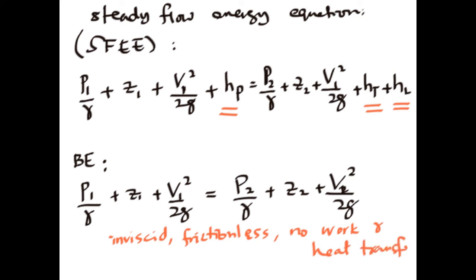The Bernoulli equation is the statement of the conservation of energy for frictionless inviscid fluid or flow, with no work and heat transfer because it doesn't involve any turbomachine. But in SFEE, you either have a pump or a turbine, and you will have losses in the piping system. So that's the difference.